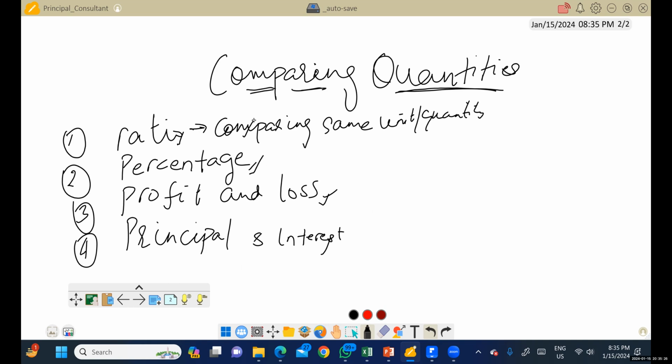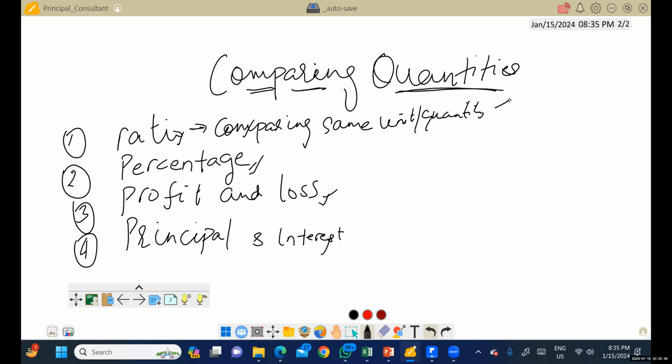When it comes to percentage, here also I have a denominator, I have a numerator. Profit and loss, or profit and loss percentage.